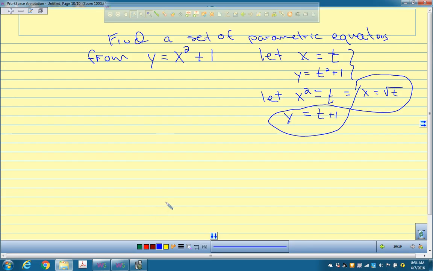Anything else I want to try in there? You could let x equal t squared plus 1. Could I do that?